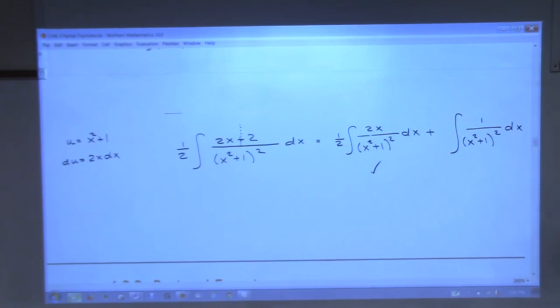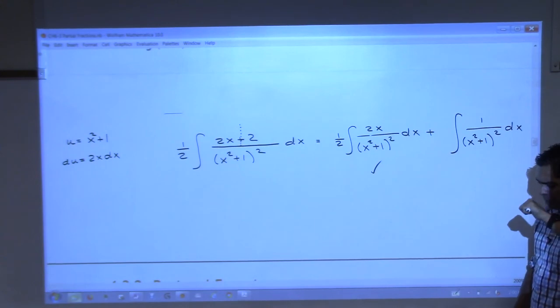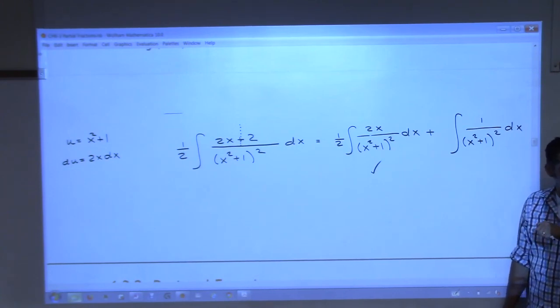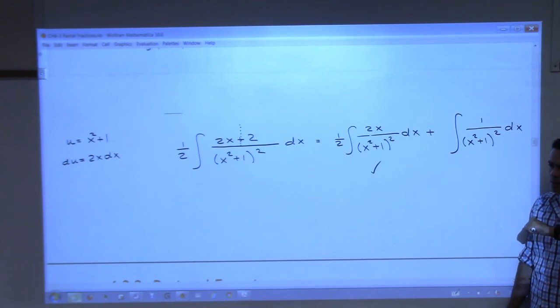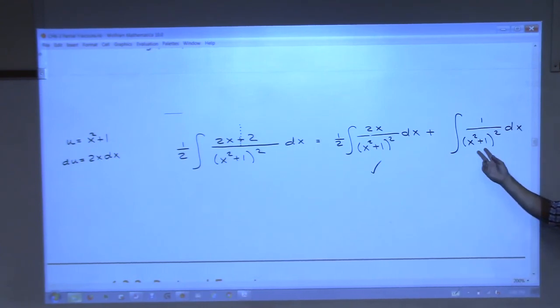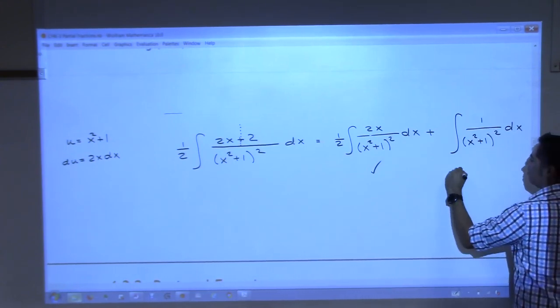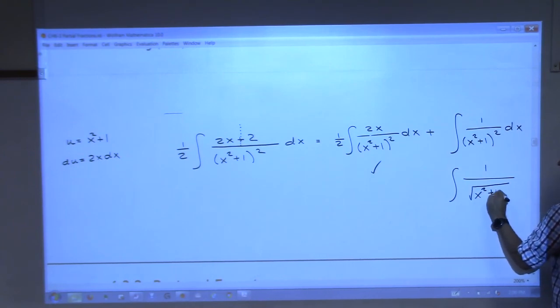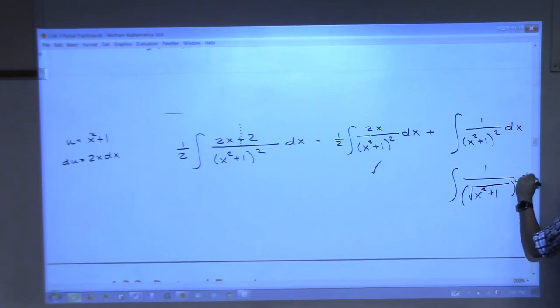So what I'm going to have to do is hit a quick reset button in my brain and go back to last class and think about this other technique that I also have in my toolbox, which is the trigonometric substitution. I can rewrite this integral as 1 over the square root of x squared plus 1, to the 4th power, dx.